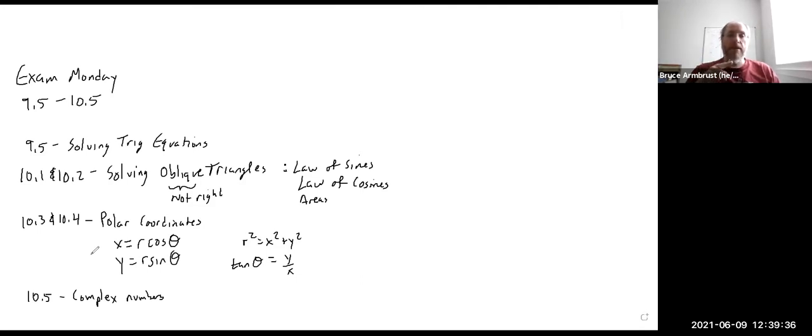So things to know how to do there: know how to convert from one form to the other. So if I give you the a plus bi form, the rectangular form, turn it into polar form or vice versa. And then know how to do the computations in polar form. The multiply, the divide, the powers like we did last time, and then the radicals like we did today.